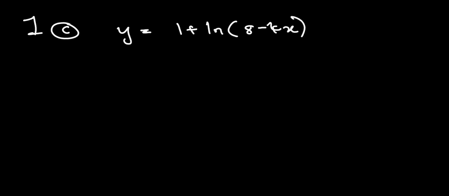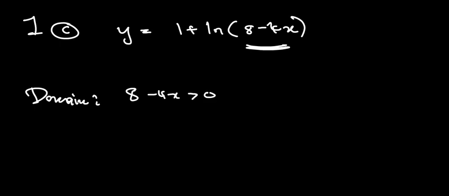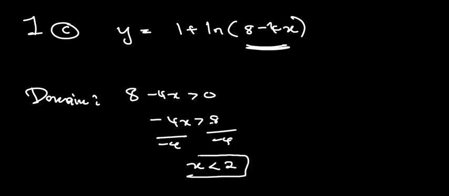So the domain is always going to be this guy here strictly greater than 0. The domain for x should be 8 minus 4x greater than 0, negative 4x greater than negative 8, we divide with a negative, meaning x is actually less than 2. Yeah, so this is what you have for x.